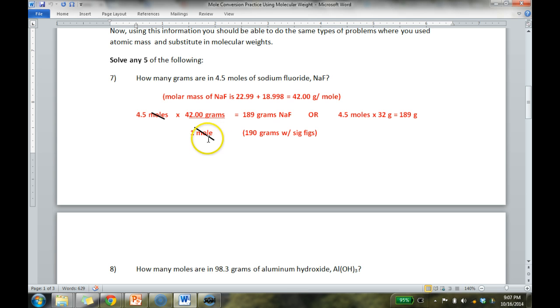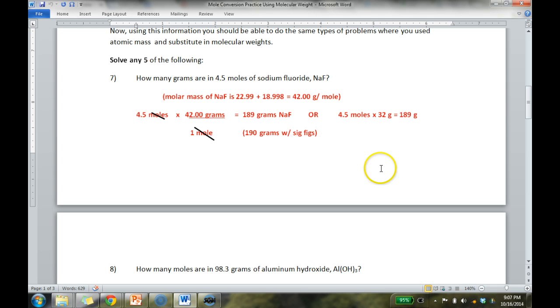However, keep in mind, use your labels to make sure that you cancel out these particular labels. Okay, so moles are on top here. That means moles are going to have to be on bottom over here, so we can cancel those. We're going to take 4.5 times 42, divide that by 1, which ends up being 189 grams, which with significant figures rounds to 190 grams because I only have 2 significant figures here. So that's how we solve it.